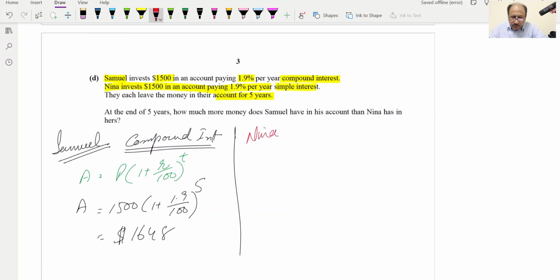Nina, and this is simple interest. So the simple interest formula we can apply: PRT over 100. This will be interest. Keep in mind this is interest, not the total amount, only interest.